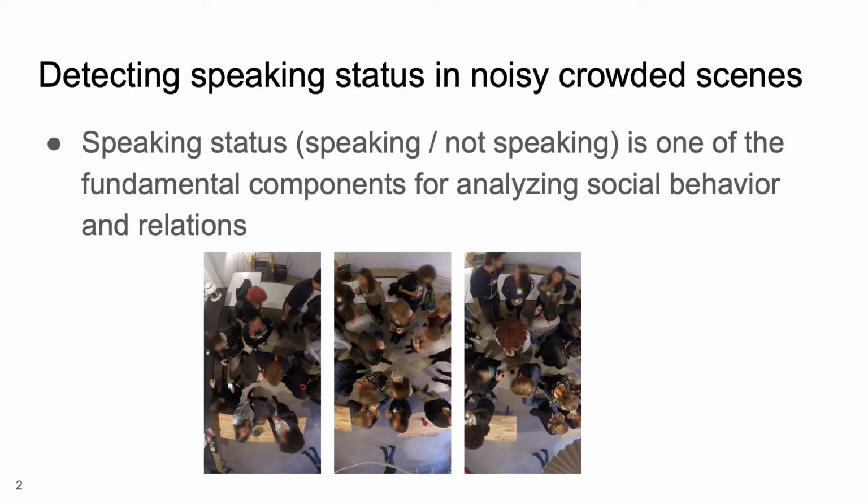Speaking status or speech detection, if you wish, is one of the fundamental tasks in analyzing social behavior and relations, especially when you do it from the perspective of turn taking.